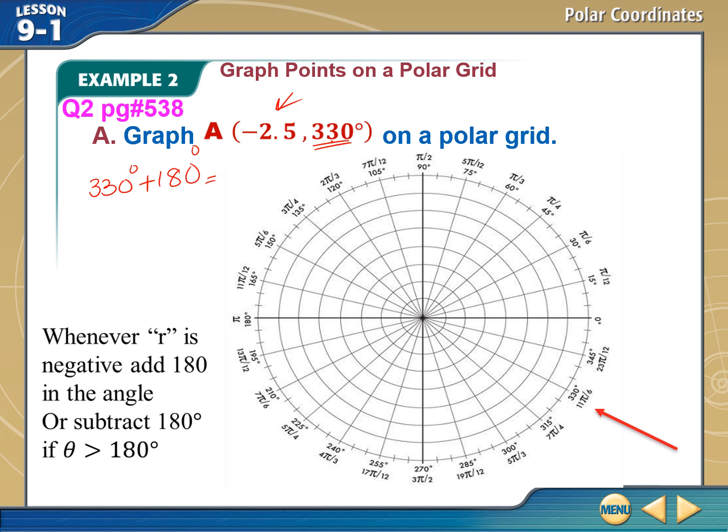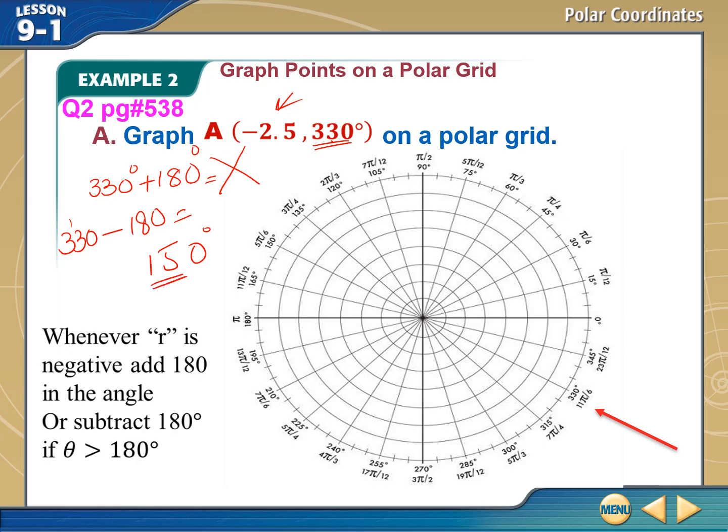Let's check this one. 330 plus 180 is 510, which is more than 360 degrees. So I will not add the 180 degrees. I will subtract it, meaning 330 minus 180, which gives me 150 degrees.